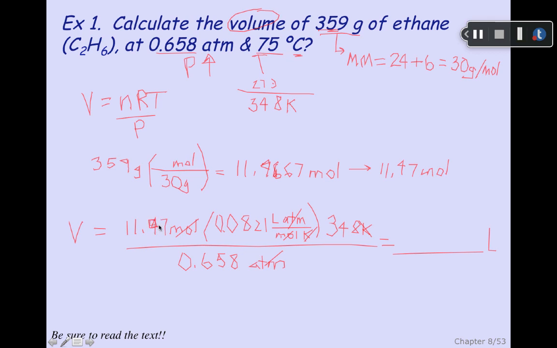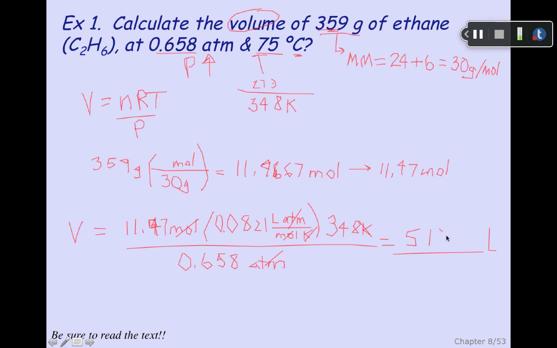I just realized I wrote that number down wrong because my writing is so funny with this tool, but that should be a 9 on the moles. 11.97, not 11.47. Apologies for the technical difficulties here.